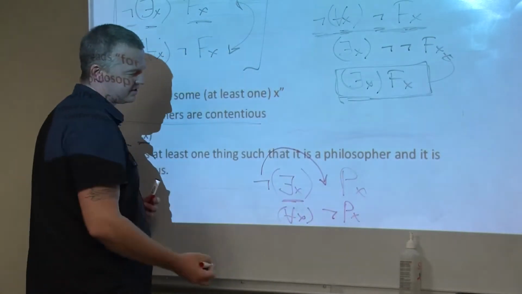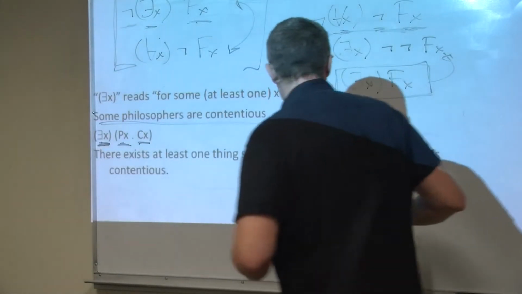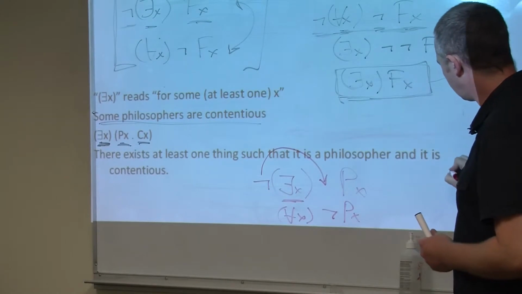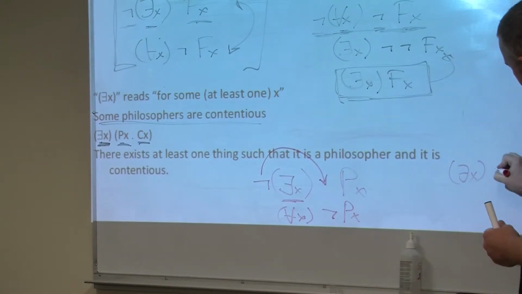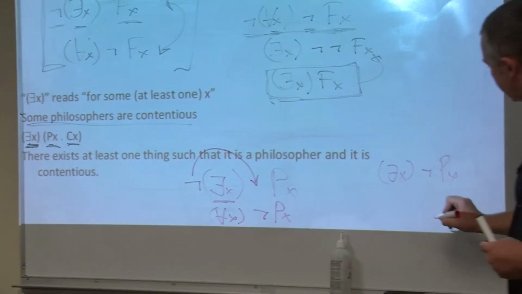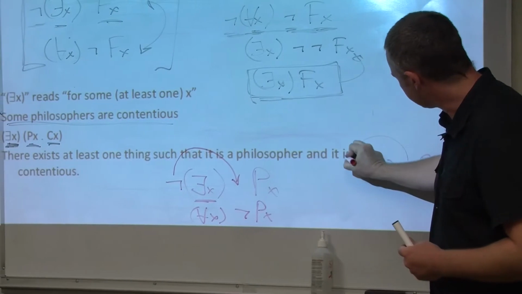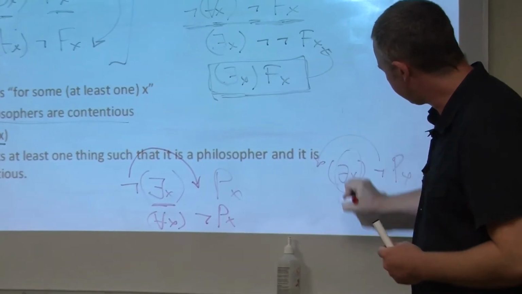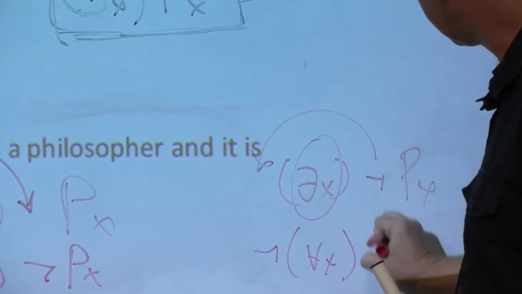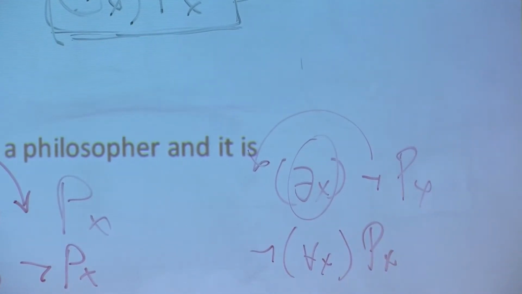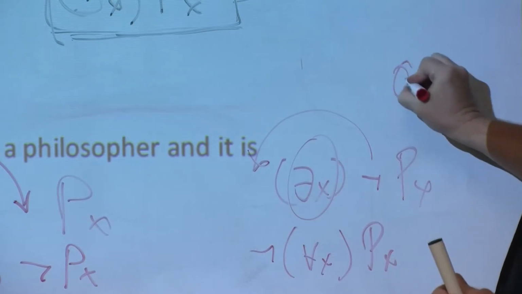And it works in both directions. So it could go like this instead. Let's say you had some x not px, then that could become, bring it through, flip the quantifier, not the case that for all x, px. And this is the rule of quantifier negation.